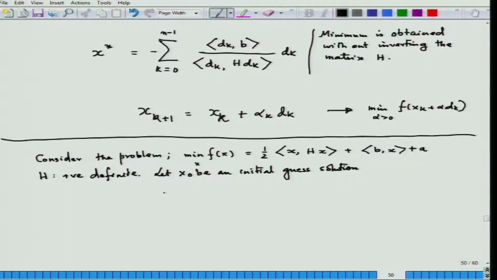Okay. Then consider the iterative sequence.